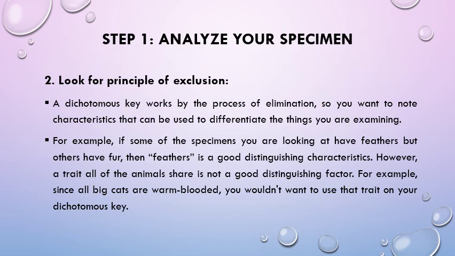So always choose the characters that make contradictory statements, like feathers present, feathers absent, fur present, fur absent, or legs present or legs absent. So make the contradictory statements, because obviously we have to eliminate one and accept the other.